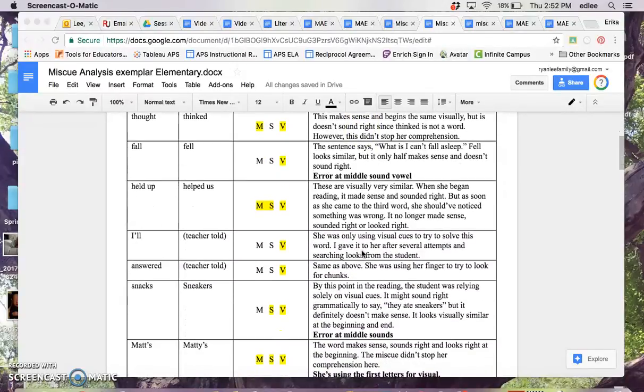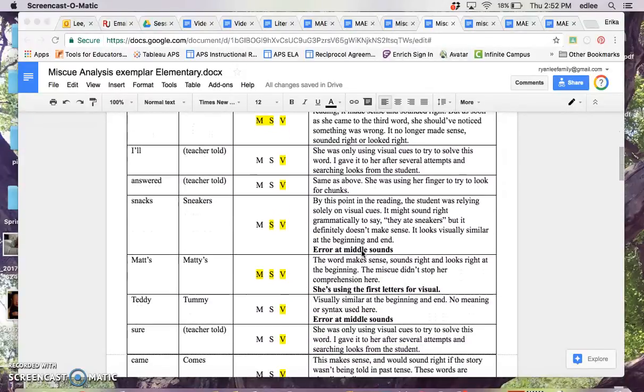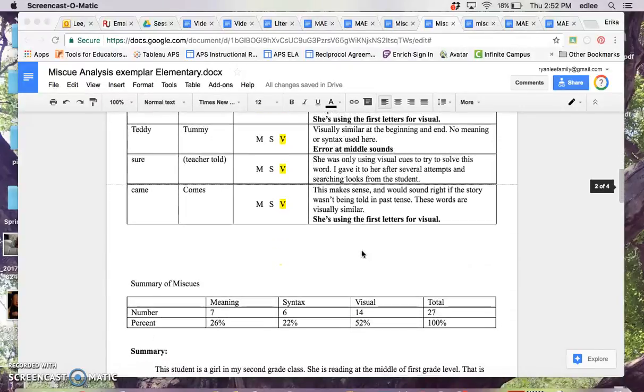After you have done the initial analysis of what cueing systems your student is using at the point of error, you will want to make a summary in the table near the top of your document. You can see that this student had 7 uses of the meaning cueing system, 6 uses of the syntactic system, 14 uses of the visual system, and 27 total miscues.